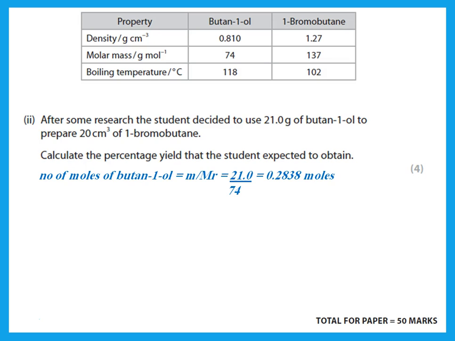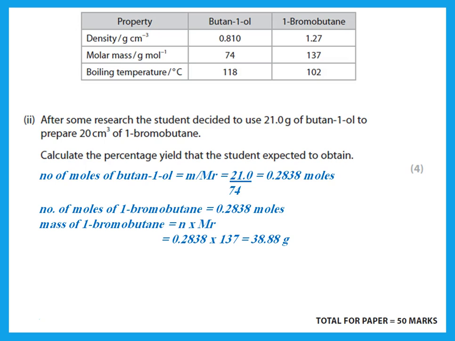And then from the equation that he gave me, the number of moles of butanol is the same as the number of moles of bromobutane. That means that I can get the mass of bromobutane that he should get from the 21 grams of butanol. That comes out to be about 38.88 grams of bromobutane that he should get.